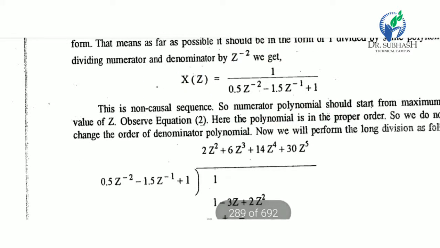So this is a non-causal sequence. So the polynomial should start from the maximum negative power of z. So in equation 2, the polynomial is in the proper order, so we do not have to change the order of the denominator polynomial. Now we will perform the long division.